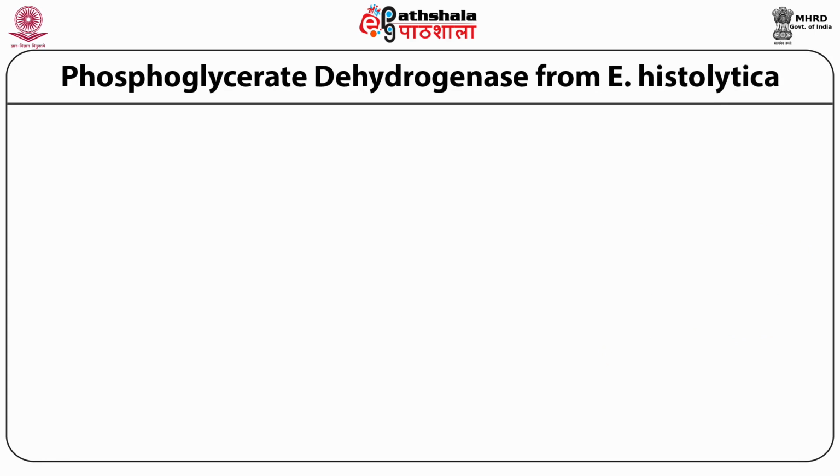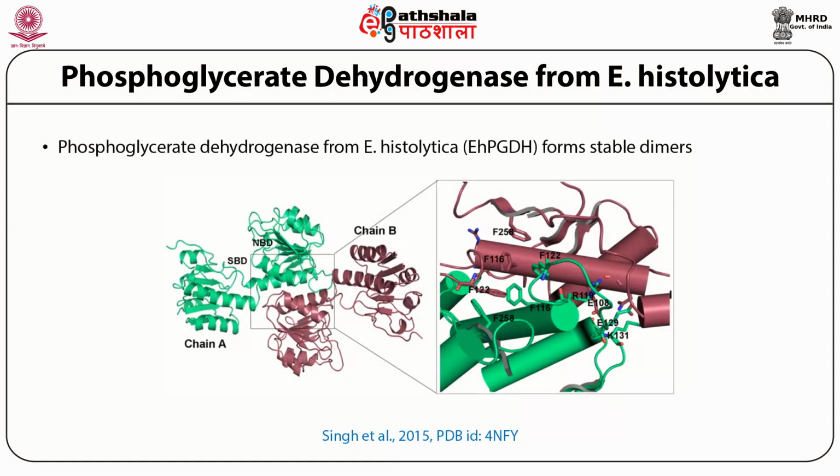For multimeric proteins, we can see many structures in the PDB. Here I have shown you some of the multimeric structures which were determined in my lab. The phosphoglycerate dehydrogenase from Entamoeba histolytica forms a strong dimer. You can see the two molecules shown in two different colors, and there are two helices in the zoomed picture.